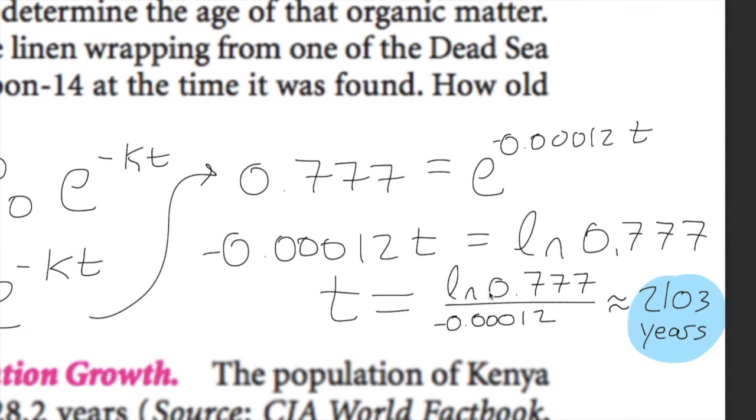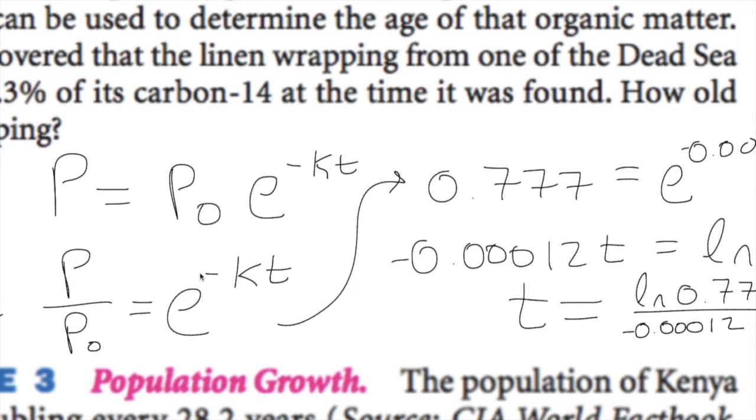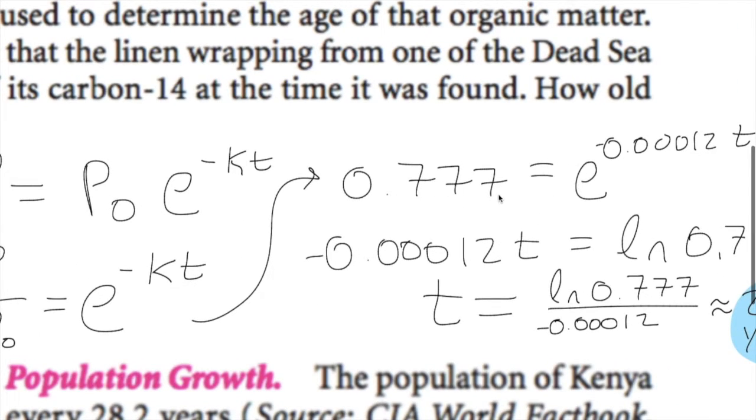And the way that we can finally plug in some actual numbers is we get this ratio, the amount that you have now compared to the original amount that you started out with, which is 77.7%, or just 0.777.